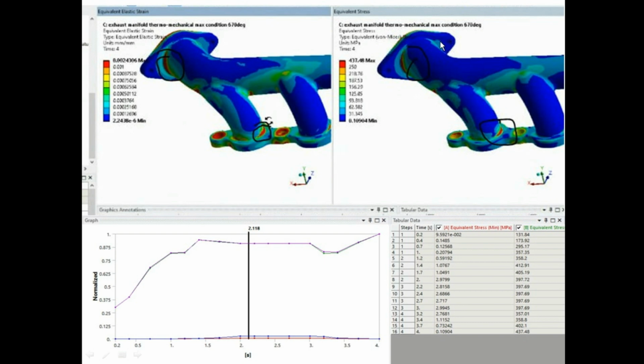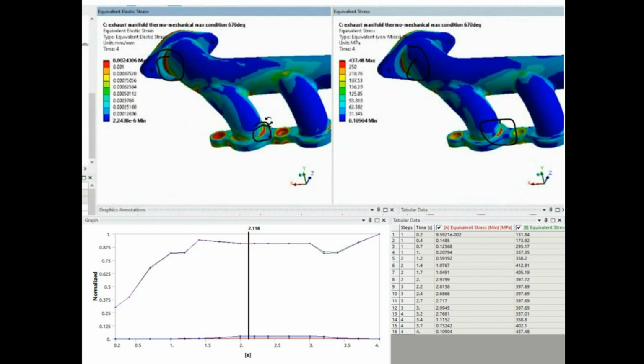Whatever von Mises stress location you see in your product, if you are using a cyclic loading pattern, because this is a cyclic, multi-linear hardening material, at the same location you are going to have the strain also. You can see this comparison.